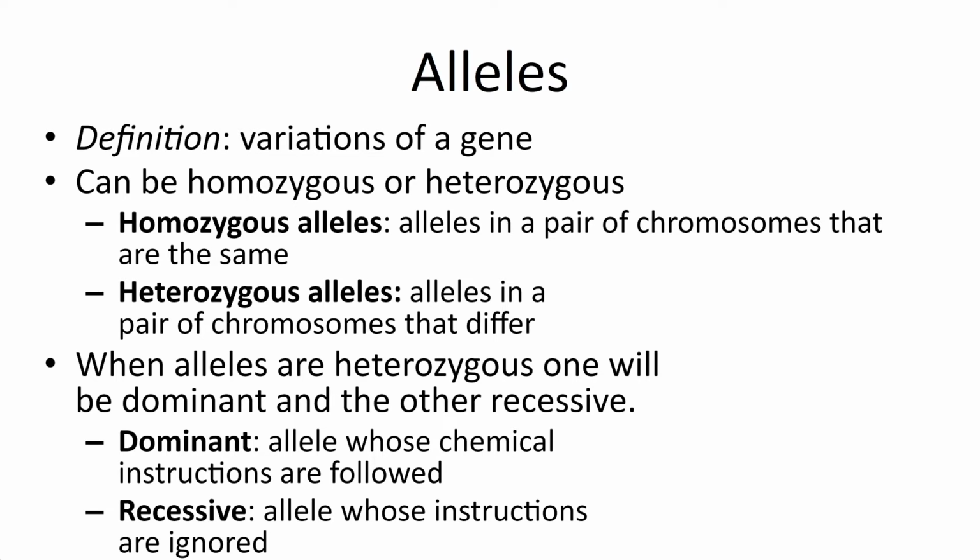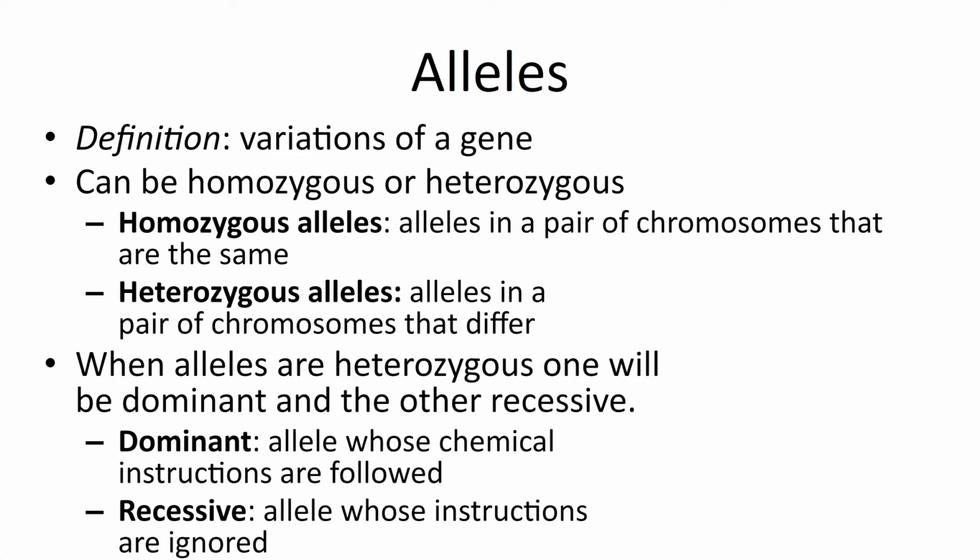But how it's determined which one is expressed and which one is hidden is really interesting. It's kind of hard to predict in some cases, but the trait that is expressed is what we call the dominant trait, and the trait that is not expressed is called the recessive trait. So you still have both in there. It's just the recessive one is hidden.